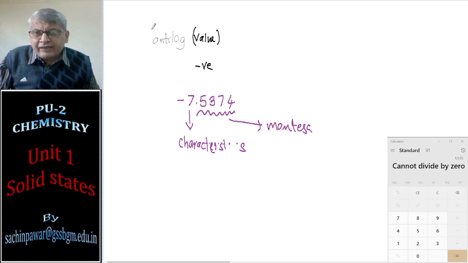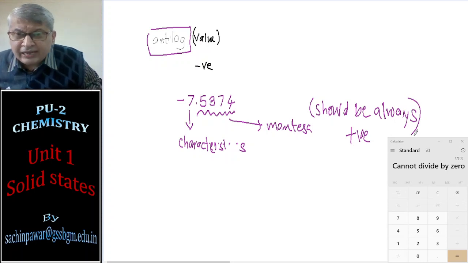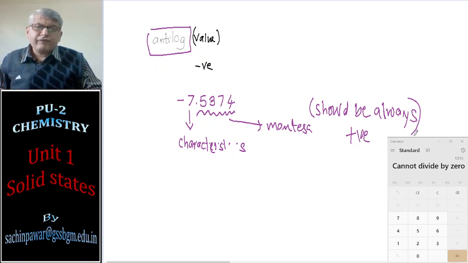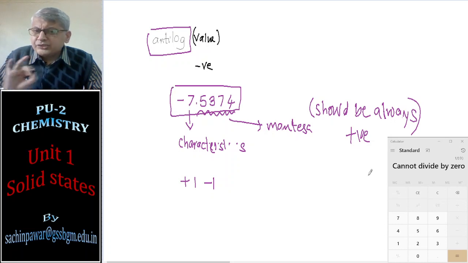For finding out antilog, the mantissa should always be positive. To make it positive, you have learnt in physics practicals that if you add 1 and subtract 1 from any value, there is no change in the value.